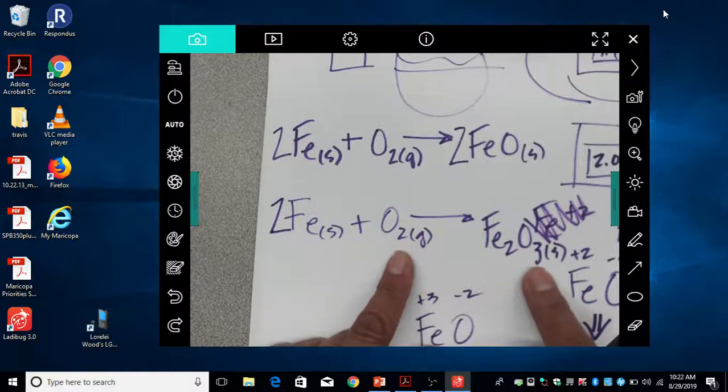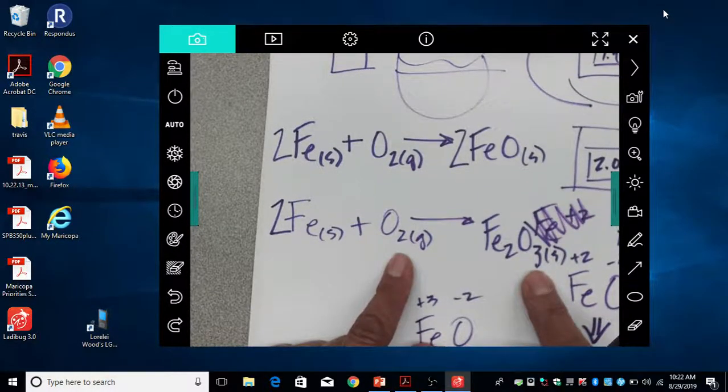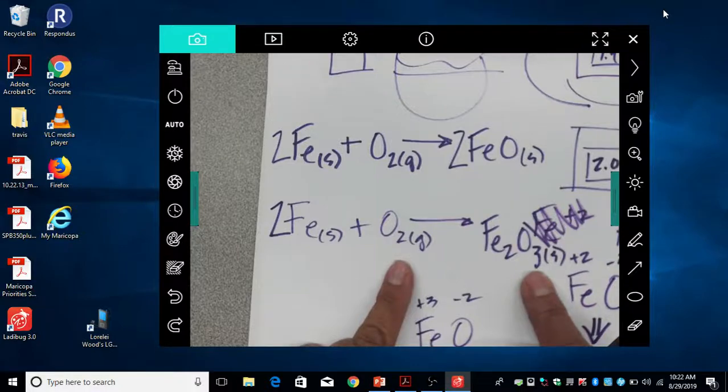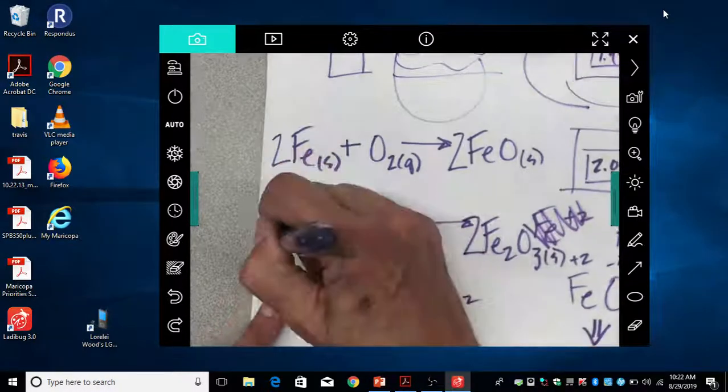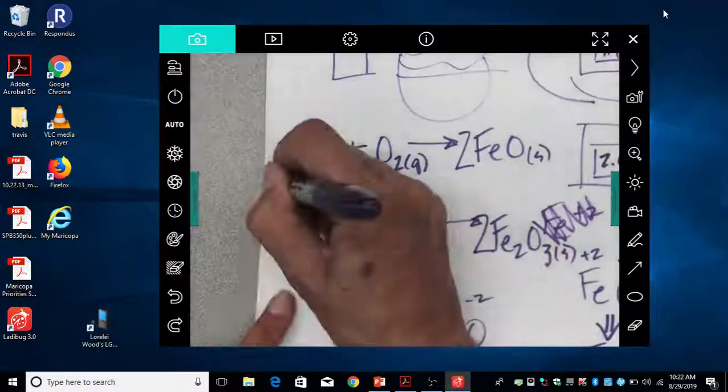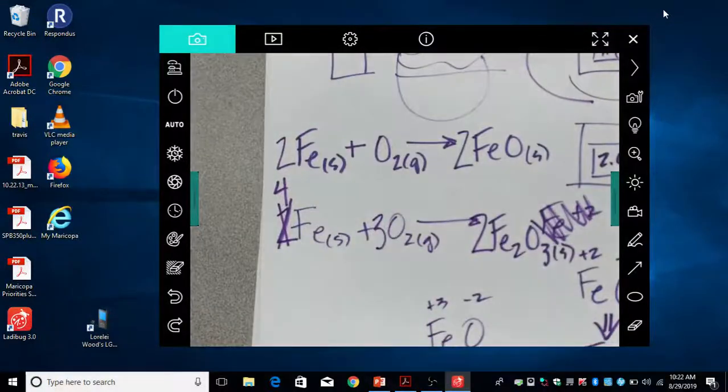That presents a problem. When you got 3 on one side and 2 on the other, what's the lowest whole number ratio between 3 and 2? 6. How could I get 6 on both sides? You add a 3 there, and then a 2 there. But then I got to change this 2 to a 4. All right, you guys know balancing equations. I'm not teaching you anything you don't know, right?